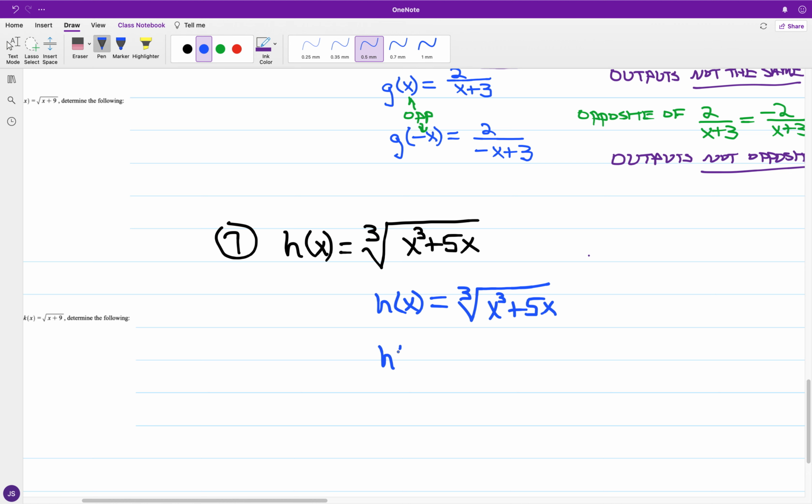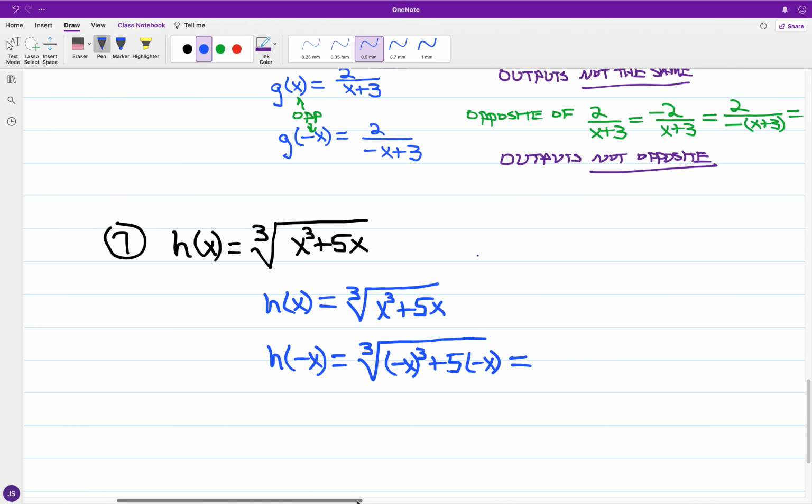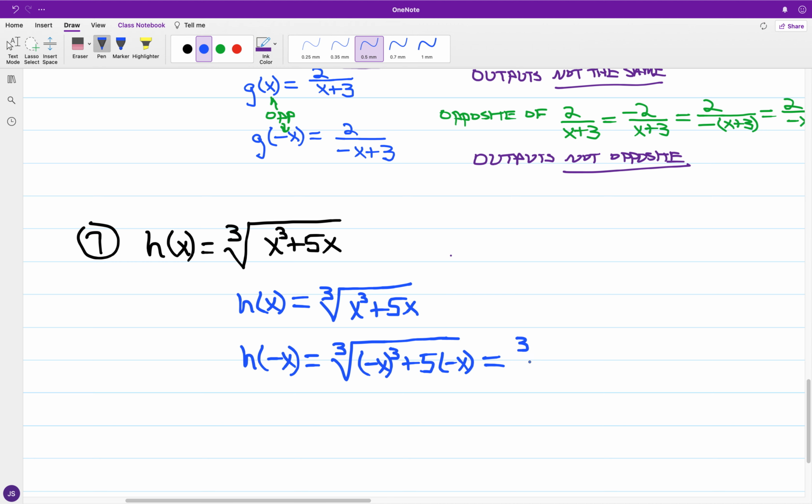And with h of negative x, we have the cubic root of negative x raised to the third plus 5 times negative x. So you have the cubic root of minus x cubed minus 5x.